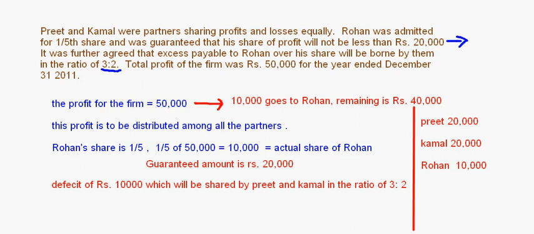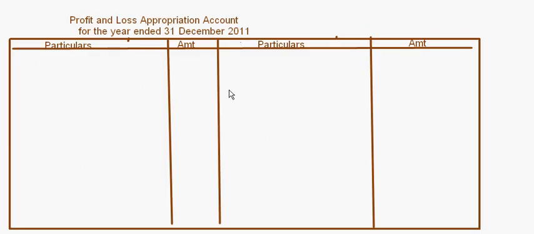Now let's make the profit and loss appropriation account and see how to put this. First of all, this is your net profit on the credit side. The amount is 50,000, right? Now here, to Preet's capital account, as we saw, it should be 20,000.